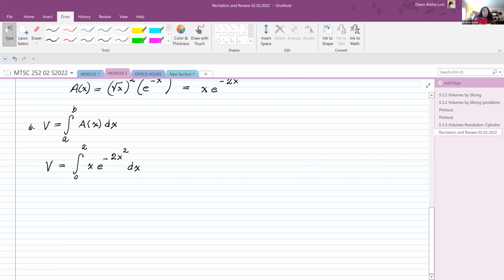I can try it. Take u, to start off, so it would be negative 2x squared. And then the derivative of that would be negative 4x, and then dx.